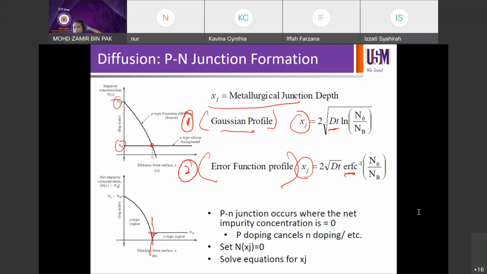Why Gaussian? Mac and Haziq, why Gaussian? Why did you use Gaussian? Why the first formula? Just guessing? You have to have a reason. Mac, why 1?